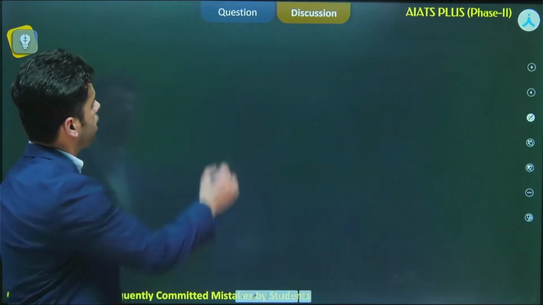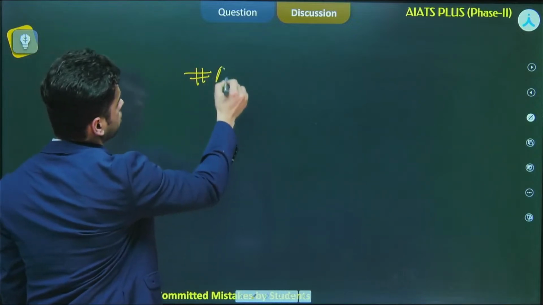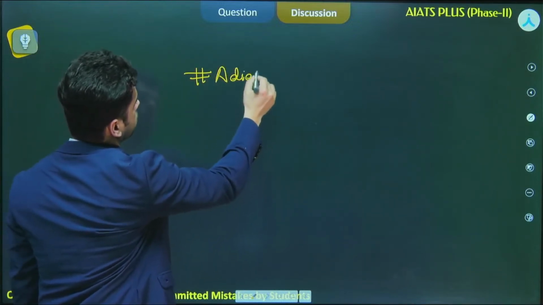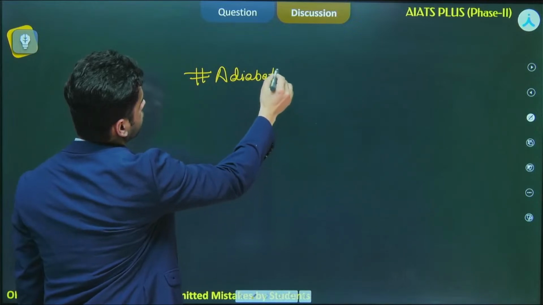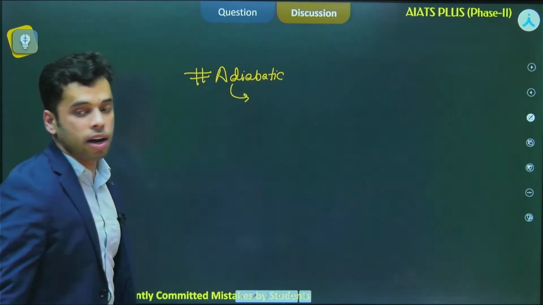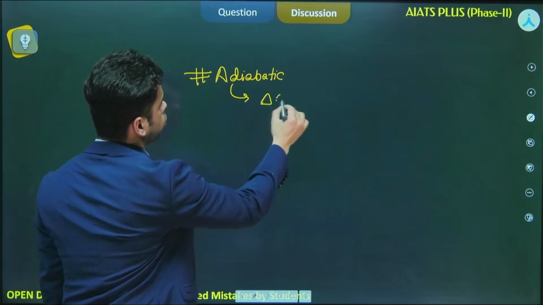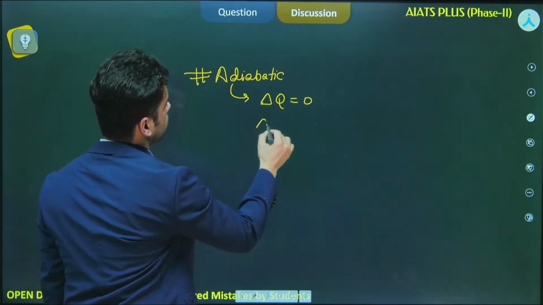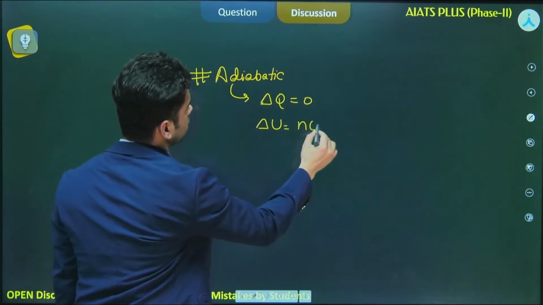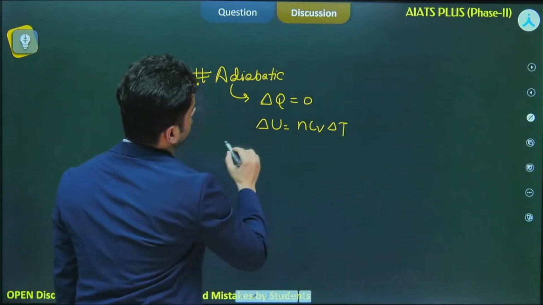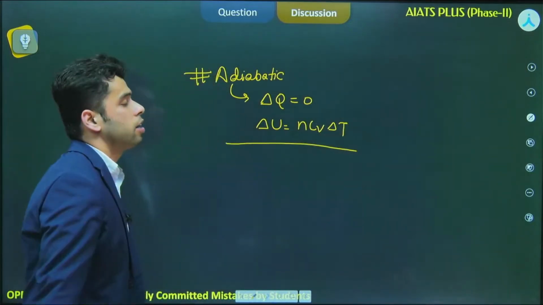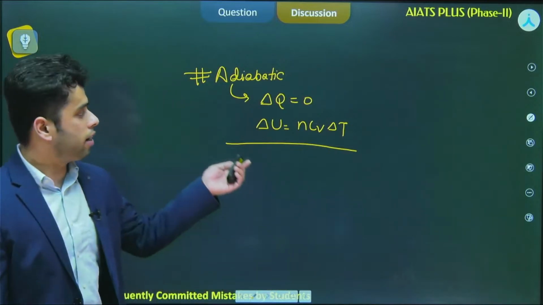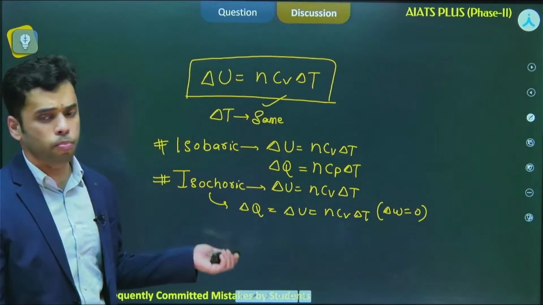And what about the adiabatic process? See, adiabatic is simple. Adiabatic, no heat interaction. Delta Q will be equal to 0 and delta W should be equal to nCv delta T. So if the change in state is the same, delta U is going to remain the same because it is a point function.